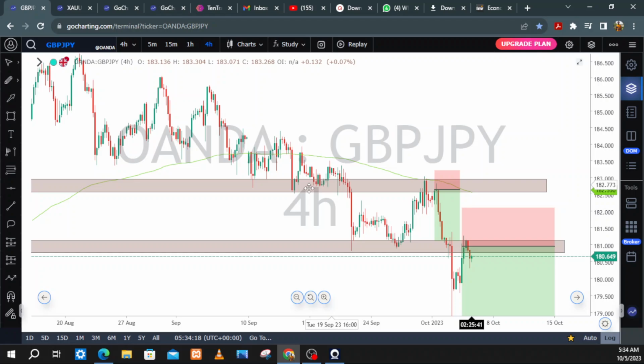This green line you are seeing is what we call the 200 moving average, and if you look at previous history, you will realize that the market normally gets rejected around this green line. It is the 200 exponential moving average. That's what normally happens when the market approaches it.